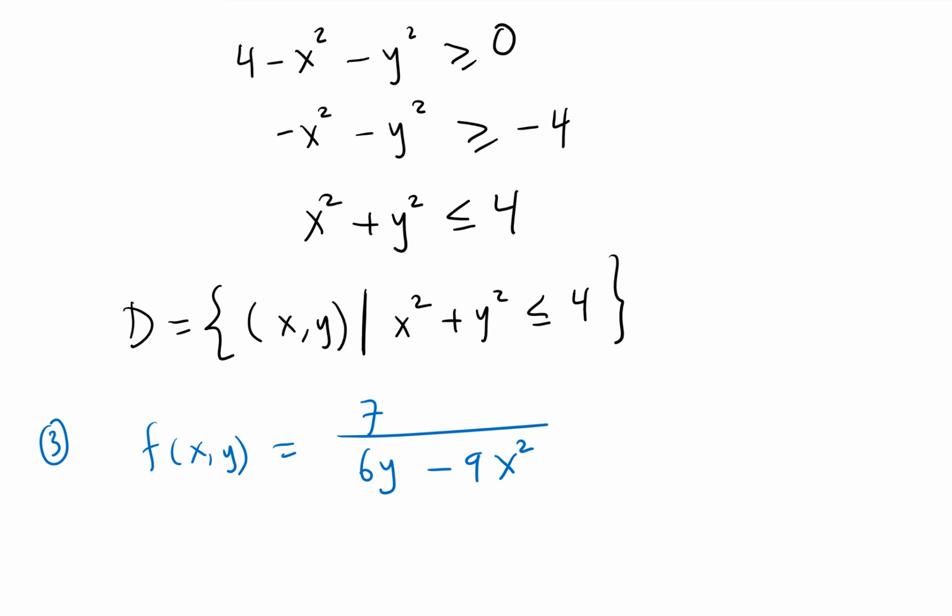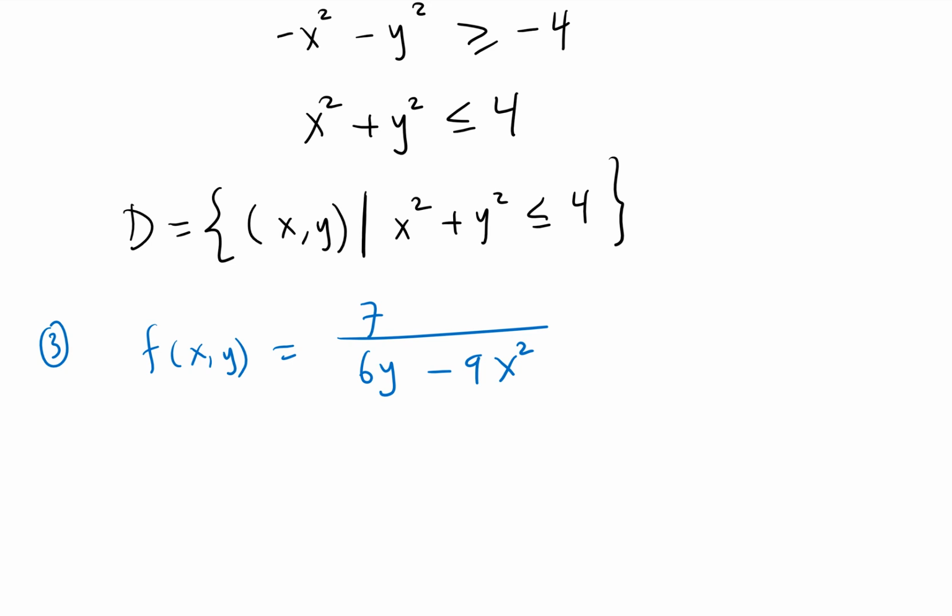Well, I can put any values as long as I don't make the denominator 0. For example, x equals 0 and y equals 0 do not work out. You cannot have both zeros. So this means we have to eliminate some of the values. But how do I know all the values that I must eliminate?